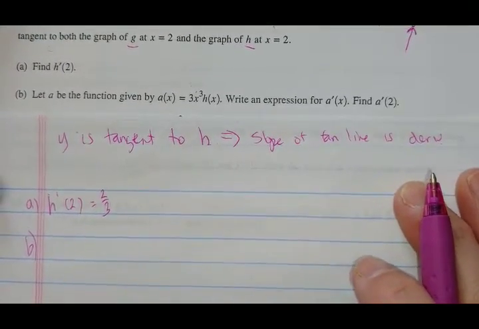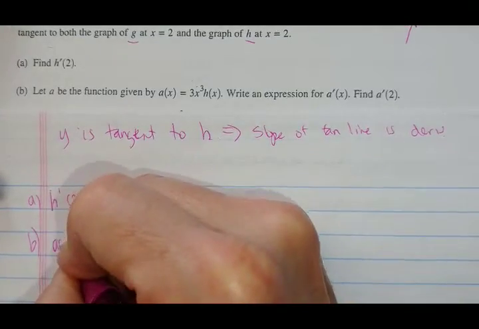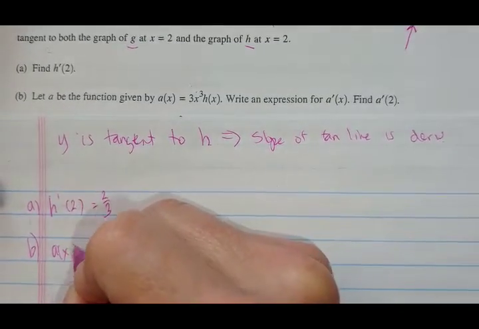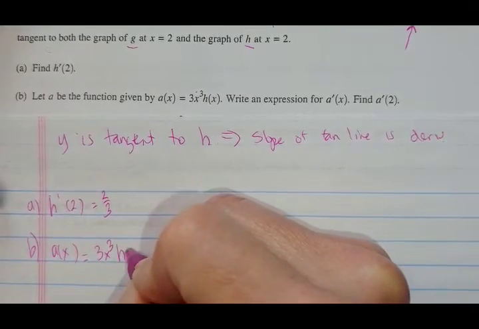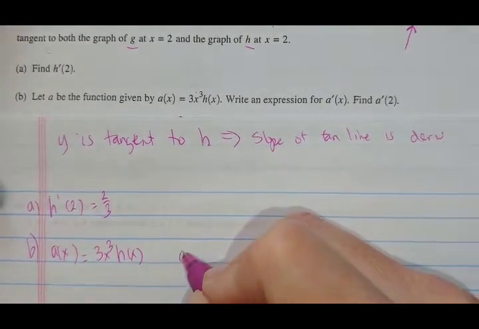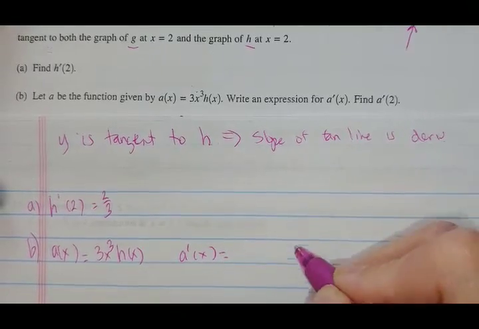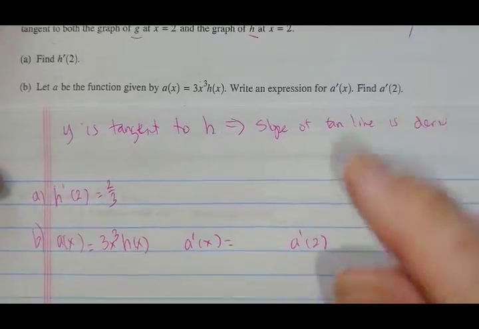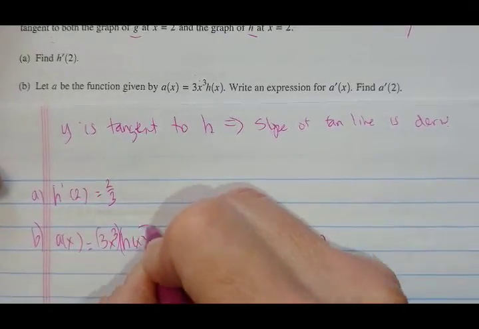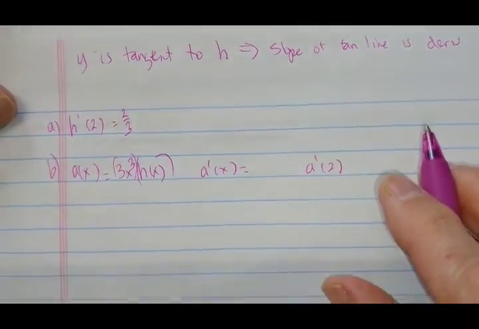B. Let a be the function given by a of x equal to 3x cubed times h of x. I want a prime of x, and I want a prime of 2. So this is a product, so I'm going to need the product rule.